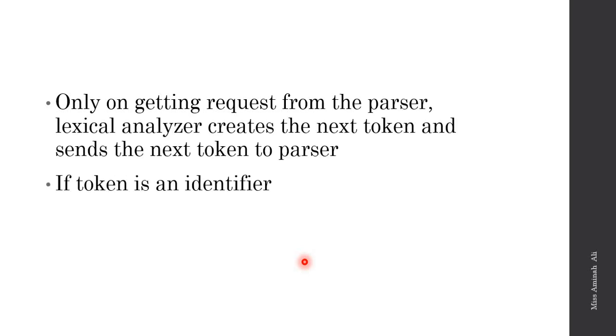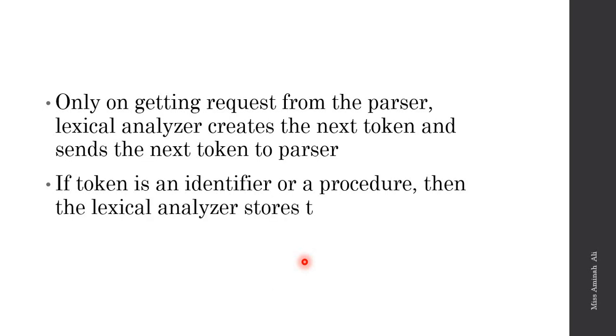So only on getting requests from the parser, the lexical analyzer creates the next token and sends it to the parser. If the token is an identifier or a procedure, then the lexical analyzer stores that token in the symbol table. If it is an identifier, obviously it will have some type, some value, and all the related stuff. That is why all the related information is stored in the symbol table.